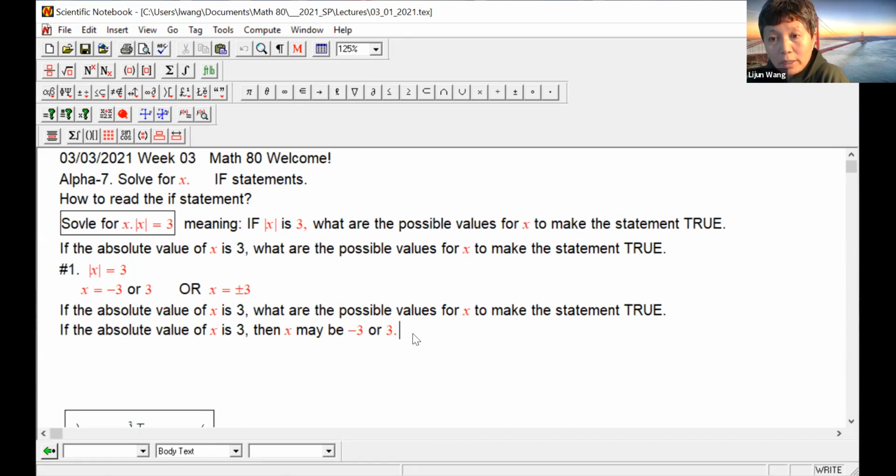So this is the one meaning. The second meaning lies in the function. You see on the title, I said the meaning from the function perspective.